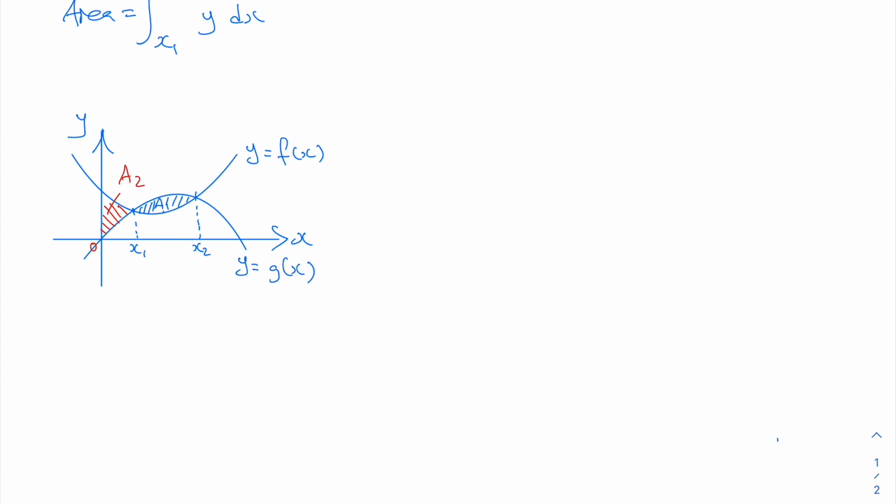So if I want to calculate the area A1, it can be calculated by finding first the area under y equals g(x) between x1 and x2.